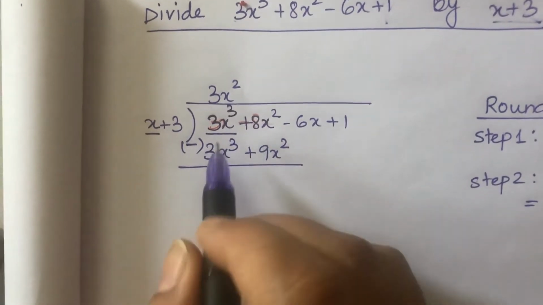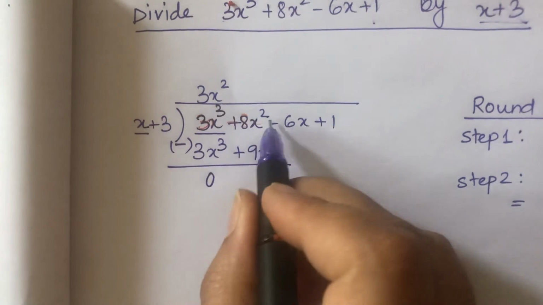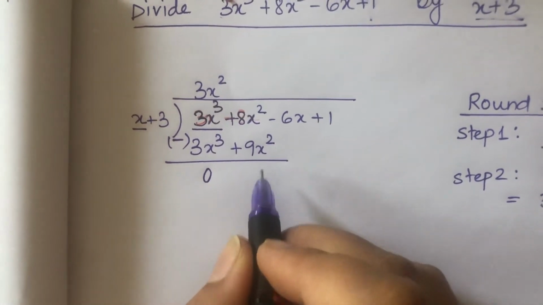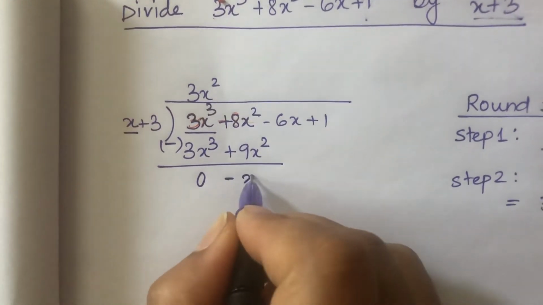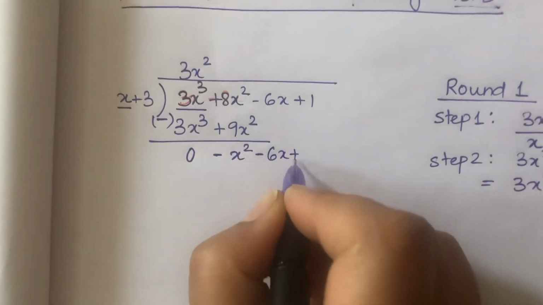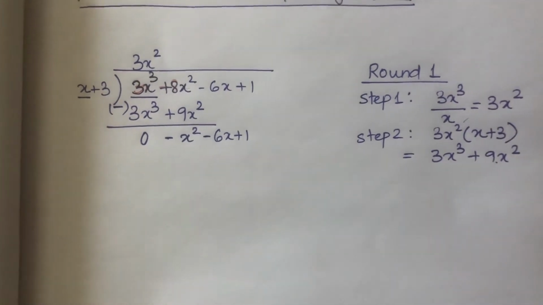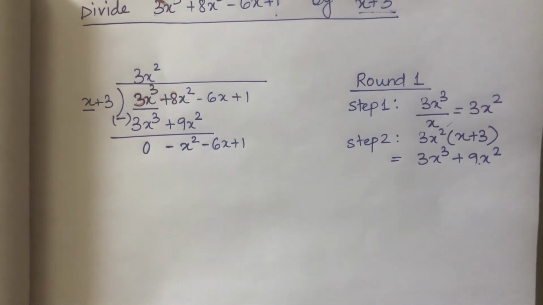So in this case, we have 3x cubed minus 3x cubed, which is 0. 8x squared minus 9x squared is minus x squared. I write the remaining terms as they are. So this is where I get my first term of the quotient.